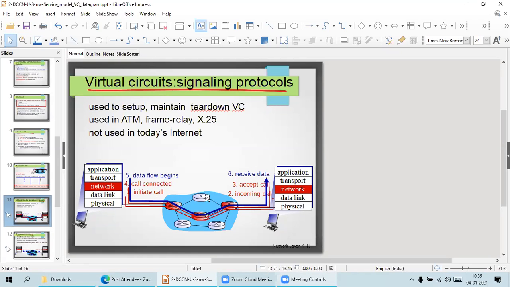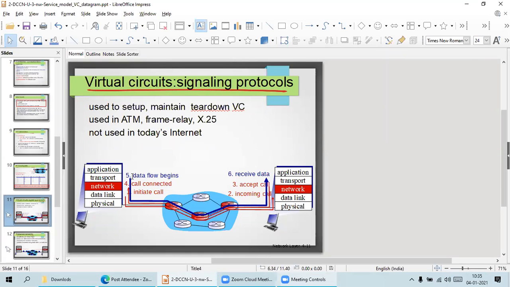First, initiate a call, that means you are dialing a number. At the receiver end there is an incoming call, and the receiver gets the call. Third, the receiver accepts the call. Once the call is accepted, it is connected from source to destination.